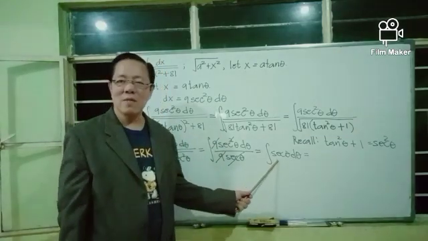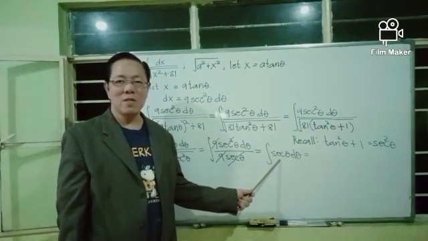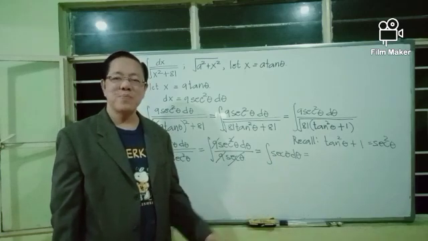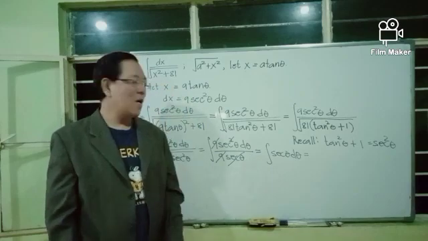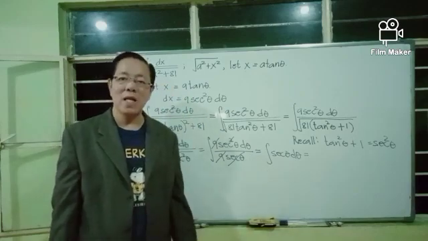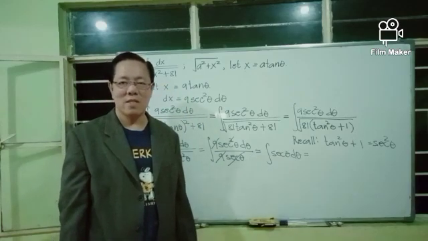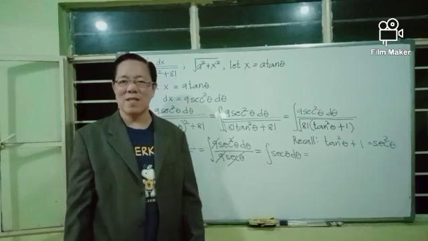And from one of the integration rules in our lessons before, the integral of secant theta is equal to ln of secant theta plus tangent theta plus the constant of integration c.